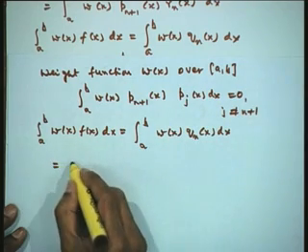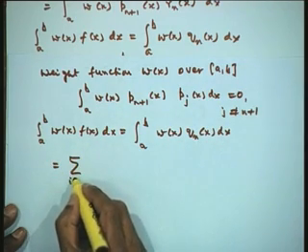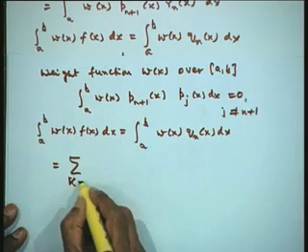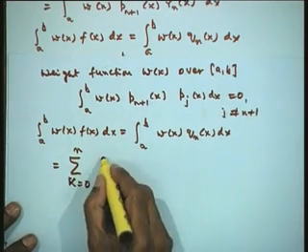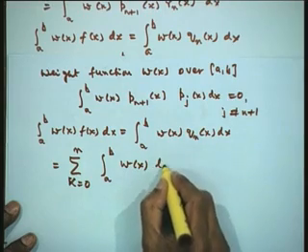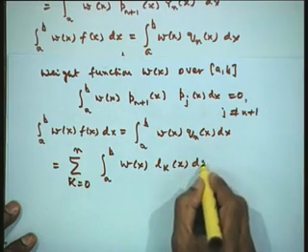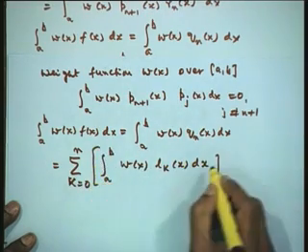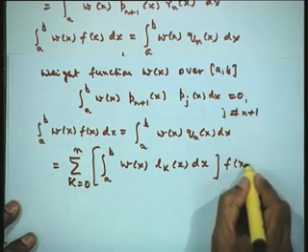If I substitute it, I will have the summation k equal to 0 to n of the integral a to b of w(x) l_k(x) dx into f of x_k.